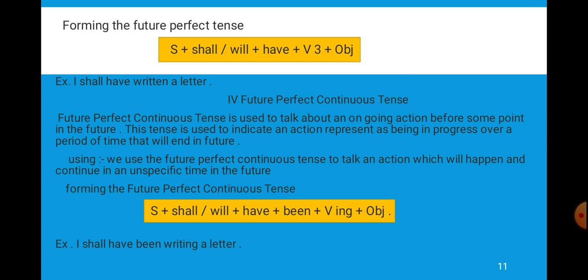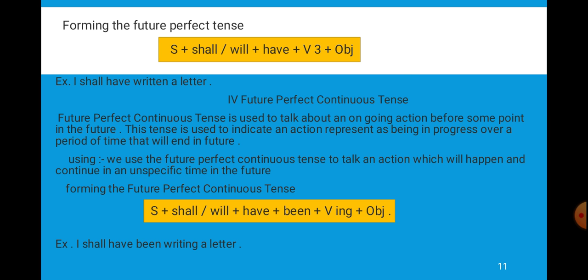We use the future perfect continuous tense to talk about an action which will happen and continue in an unspecific time in the future. Forming the future perfect continuous tense: subject plus shall or will plus have plus been plus verb ing form plus object. For example, I shall have been writing a letter.